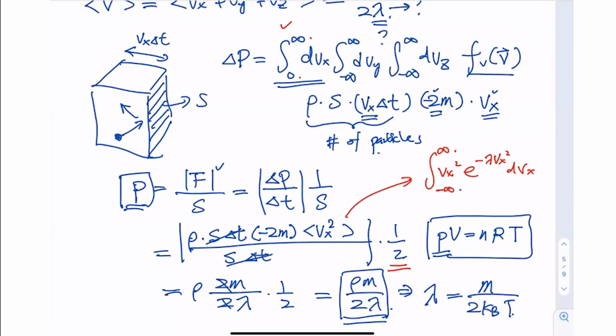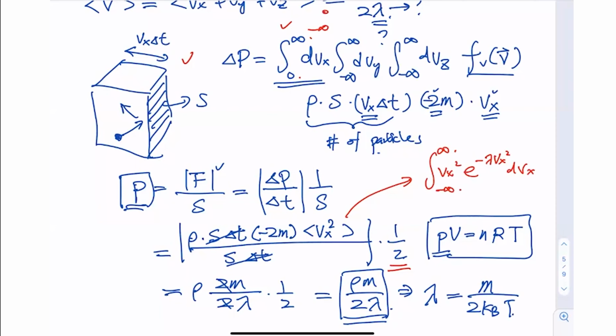The reason is because we are analyzing the bouncing event toward the right wall, so only the velocity that is positive has a chance to collide with this right wall. If you analyze the events at the left end of your container, then you will need to change this expression to integrate over dv_x going from -infinity to 0, because in that case only the negative component can bounce to the left side of your container.